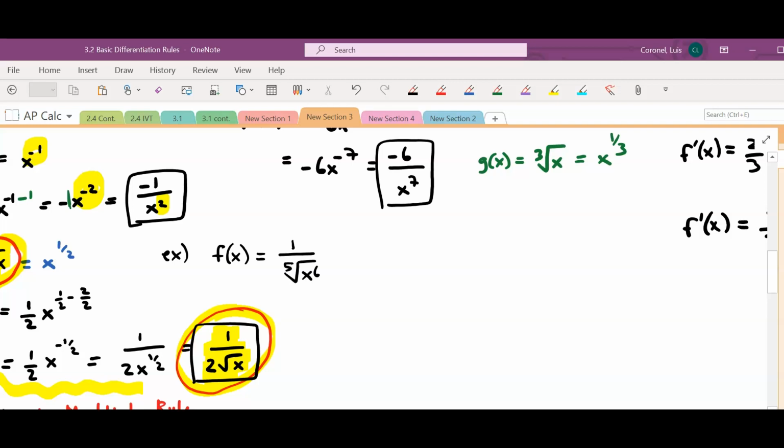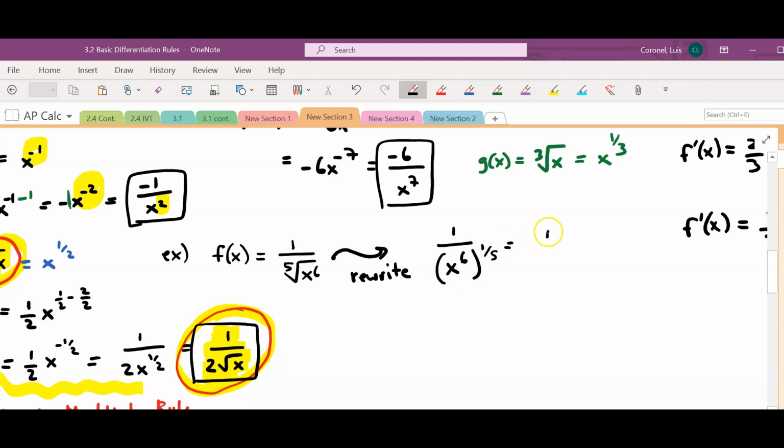F of x equals 1 over the fifth root of x to the 6th. So we have the fifth root. Let's rewrite this. I'm going to rewrite that as 1 over x to the 6th power, because that's what we start with. But the fifth root is the same thing as saying the power 1 over 5.